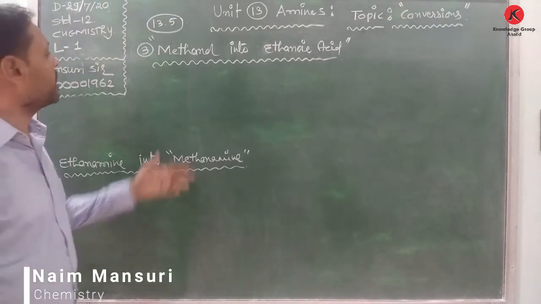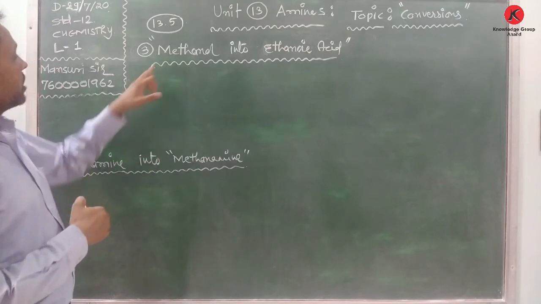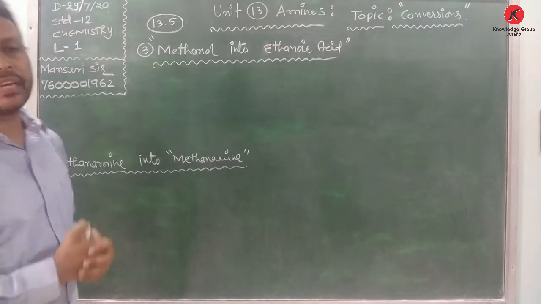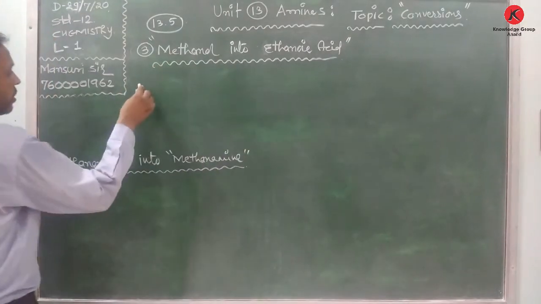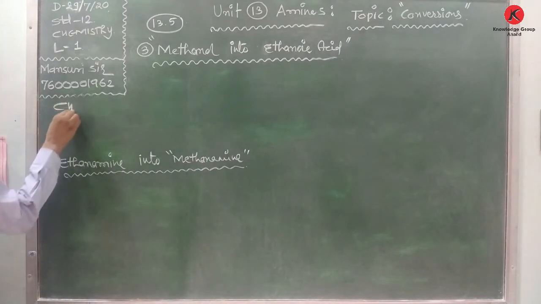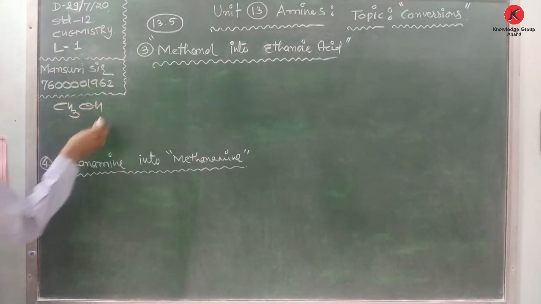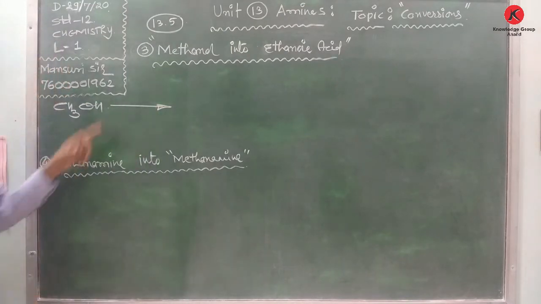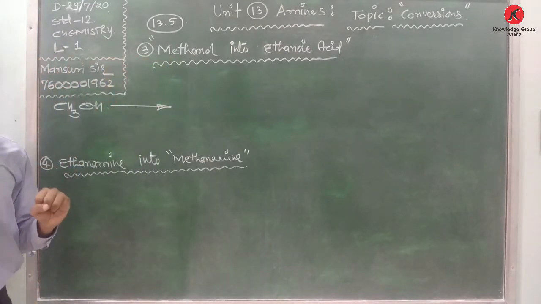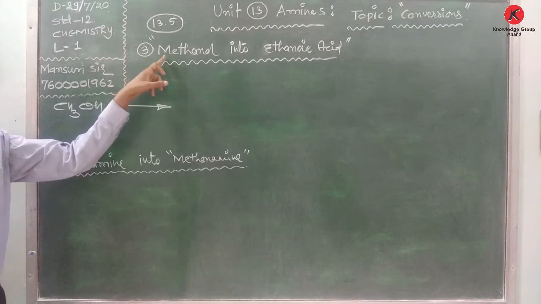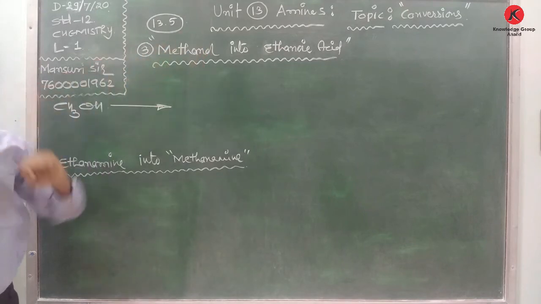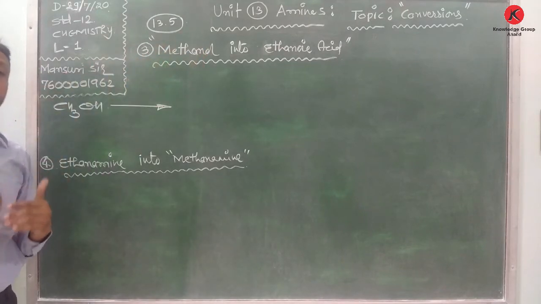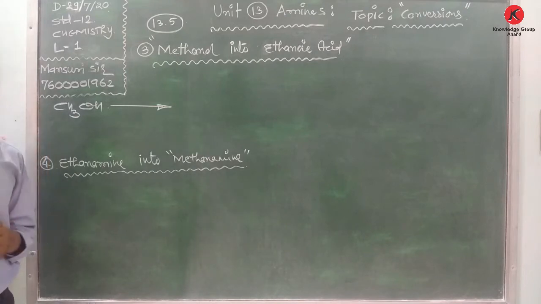Students, now we are moving to conversion number three, methanol into ethanoic acid. Methanol is written like this, CH3OH. Now for ethanoic acid we have to form two carbons. Here one carbon is given and we have to make two carbons. That means we have to increase one carbon by cyanation.